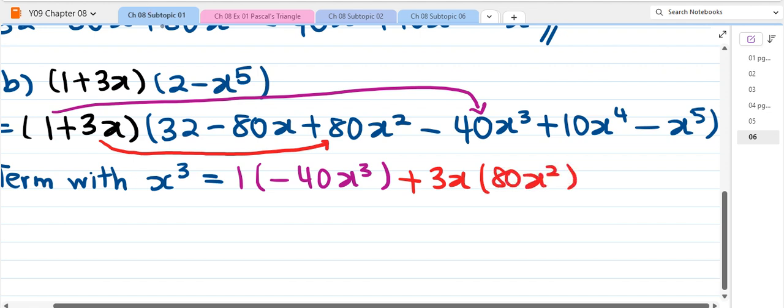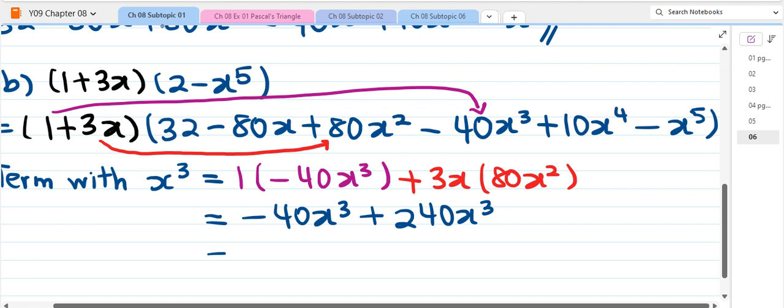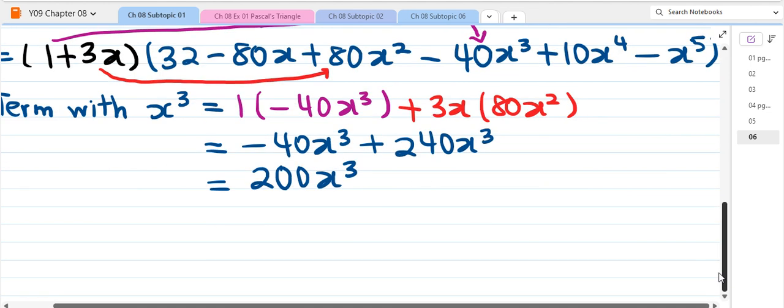So here you just have to simplify this. So 1 times negative 40x cubed is negative 40x cubed. And 3x times 80x squared will be 240x cubed. So this is the term. Okay, negative 40 plus 240 is 200x cubed. So this is the term that contains x cubed.